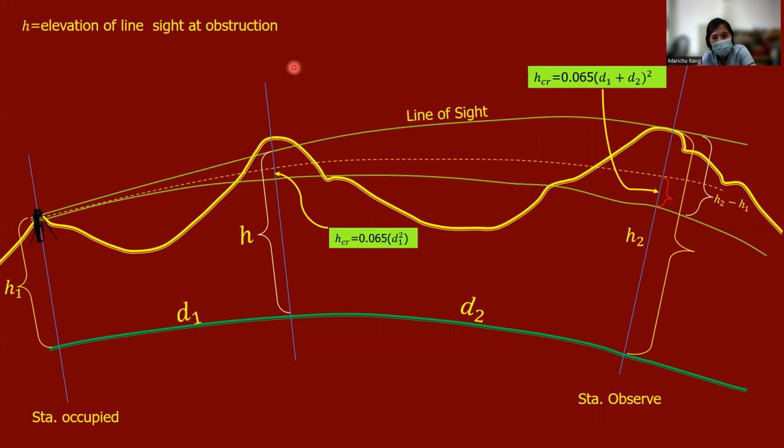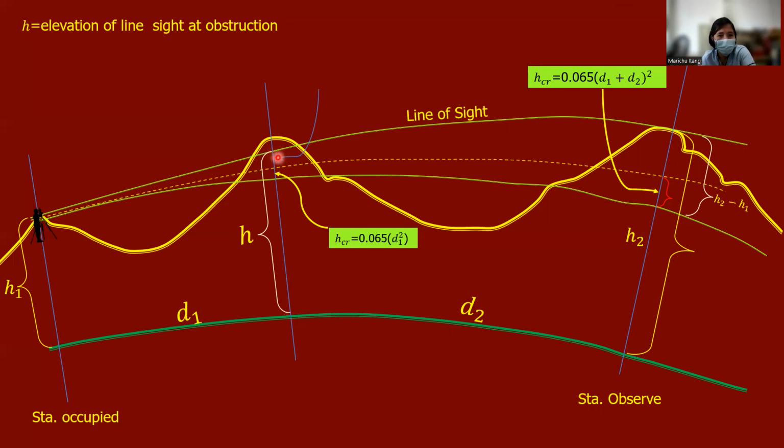Paano siya naging H2 minus H1? Since yung from this point hanggang doon sa zero elevation ay H2, then this one also is equivalent to H1. So just subtract this from the whole, the remaining will be this one. So this is H2 minus H1. Okay?